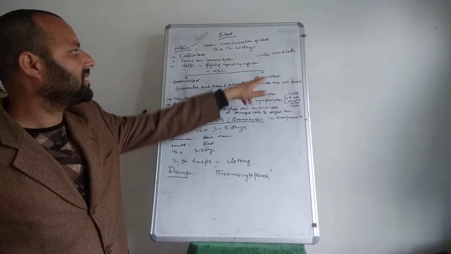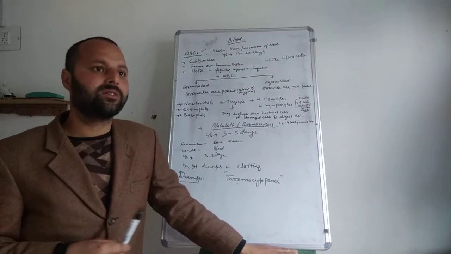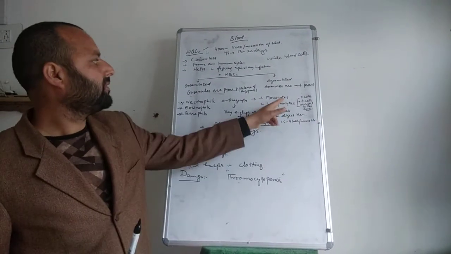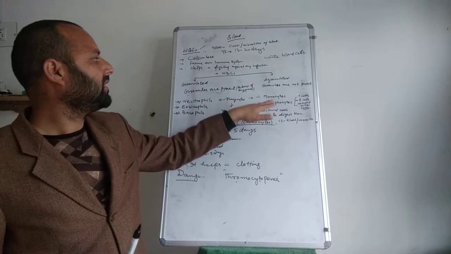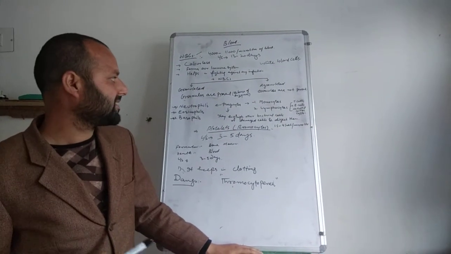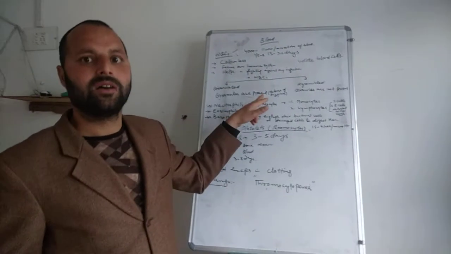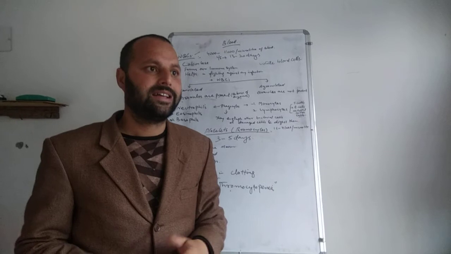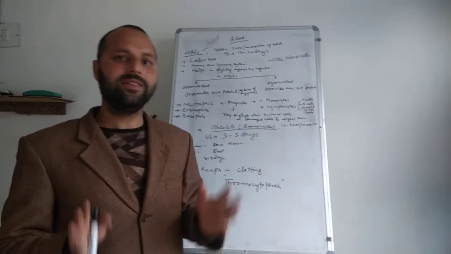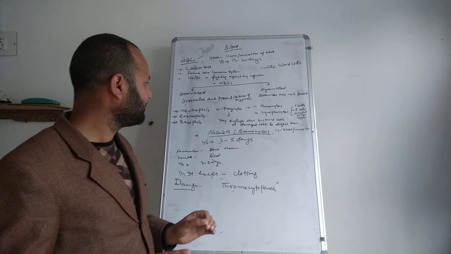The agranulated cells, where granules are not present, are further divided into two, known as monocytes and lymphocytes. Monocytes and neutrophils are known as phagocytes because they engulf any bacterial cell or damaged cell and digest them.